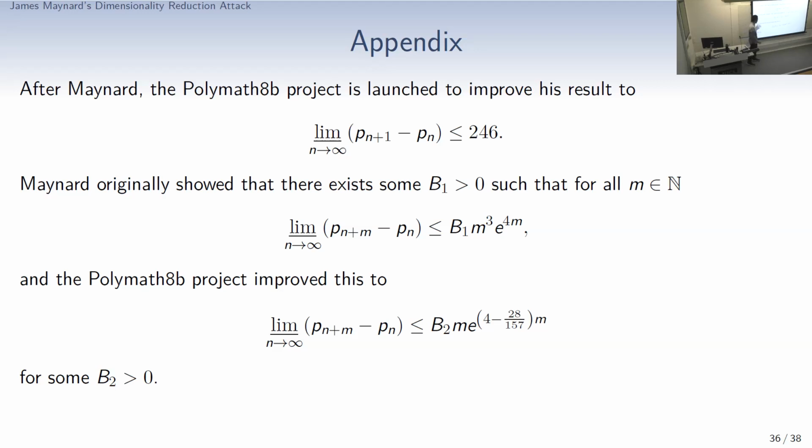And the Polymath 8b project improves this: the new one replaces m to the 3rd power with m to the 1st power, and also reduces this 4 to some smaller number. And this is currently the best record, and I haven't really heard about any further improvement than this. And this was in 2015.